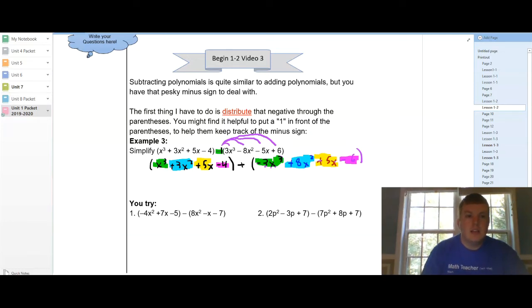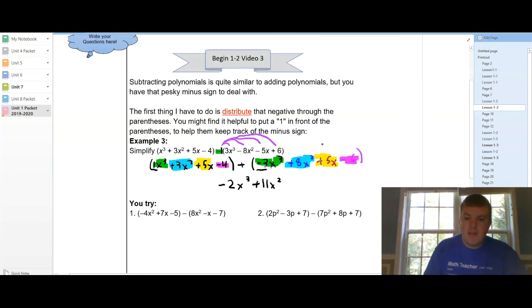The last thing I need to do is combine these together. A positive x cubed and a negative 3x cubed give me a negative 2x cubed. Remember, you're just going to combine the coefficients, and leave the exponents the same. I then had a positive 3x squared and a positive 8x squared, which gives me 11x squared.